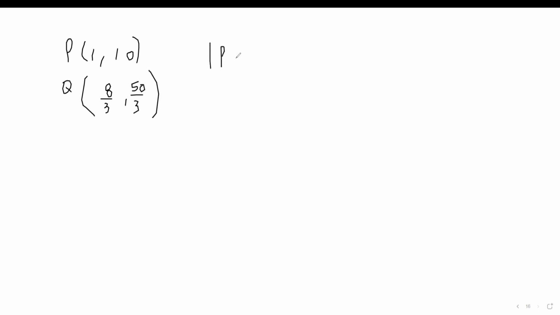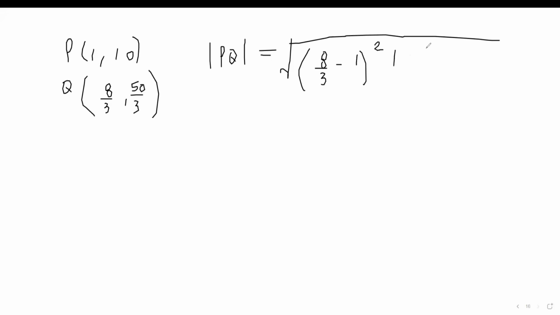So the distance PQ, we can tell them that that distance is equal to the square root of, remember, it is (x2 − x1)² plus (y2 − y1)²: (8/3 − 1)² plus (50/3 − 10)², and that's the distance PQ.